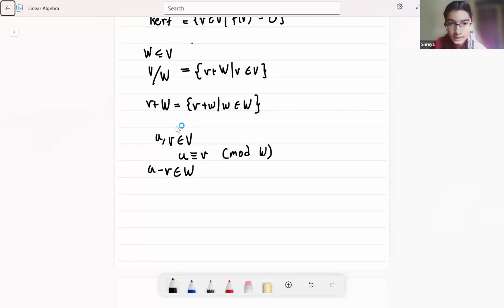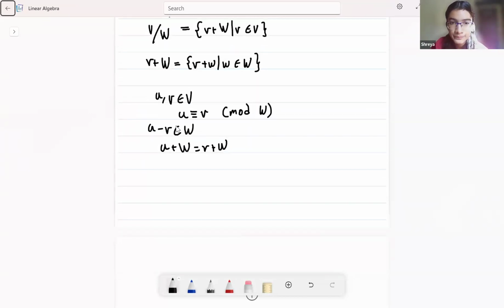So that is in fact true because here you have that u plus W is equal to v plus W. And the reason is just, if you have any element in u plus W, then it's like u plus some element in W. And then what we can do is this thing minus v. And this thing also belongs to W.